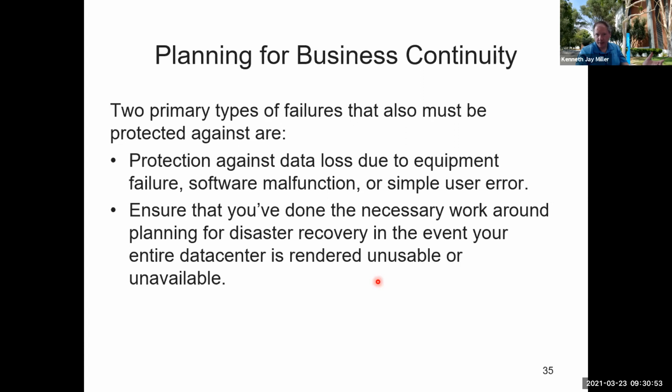Or the person who said, I noticed I had all this data on my computer, so I deleted it because I didn't know what it was, and it turns out they deleted it from the network share. Now everybody's asking where all this stuff went.